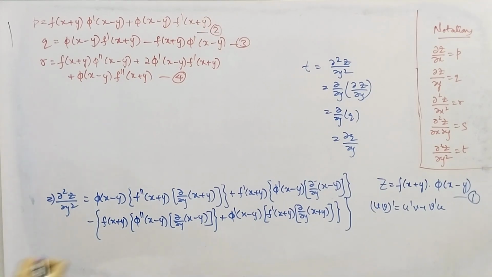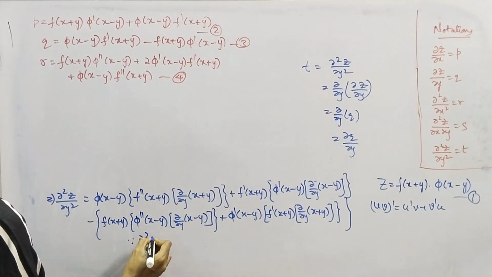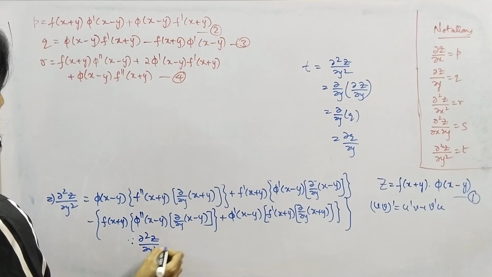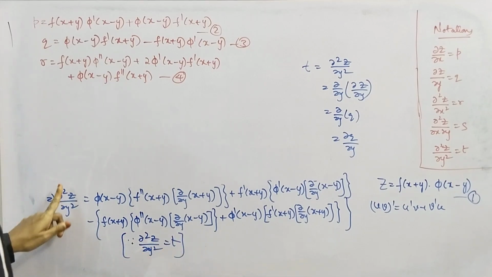Since dou square z by dou y square equal to t, we'll just replace it by t.